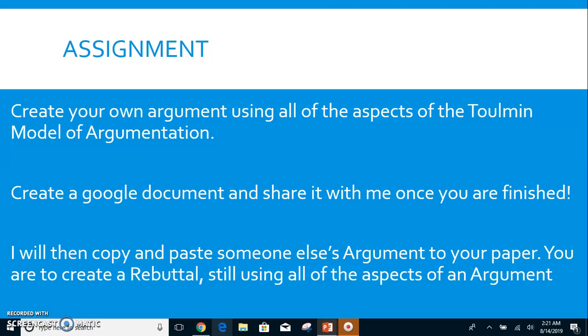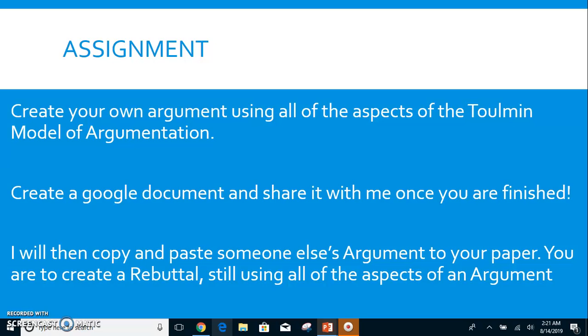So, once again, just to revisit it, open a Google Doc, create your own argument, make a claim, back it up with data, grounds, and if the warrant needs to be said, say it. If it's obvious or it's assuming it, then you're fine. Look at my example for reference. And then supply backing or more data to prove your point or your claim.